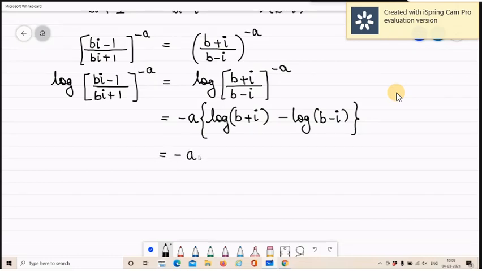Now apply your log formula. What is your log formula? Log of b plus i, so we'll apply for the first one. That is half log of (b square plus 1) plus i tan inverse of 1 by b.